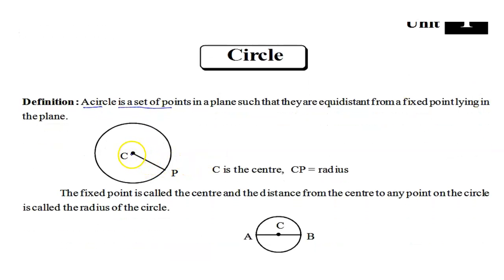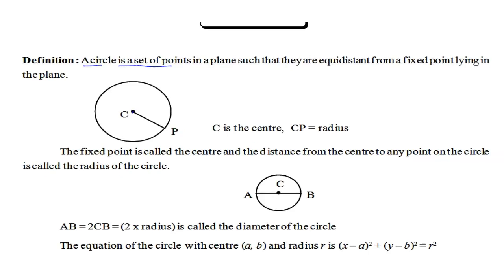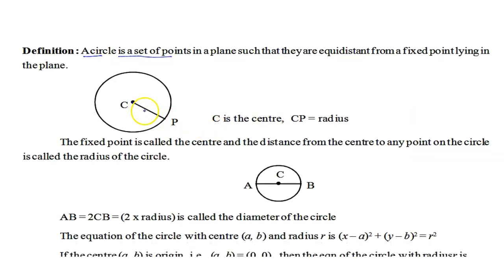The fixed point C here we are taking, and P is a variable point, right? So here the fixed point is called the center, and the fixed distance, in the sense CP, is called the radius. So this is the figure of the circle. Here we need to remember one thing: the fixed point is the center and the fixed distance is the radius, right?